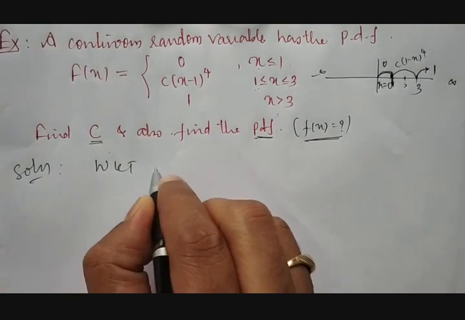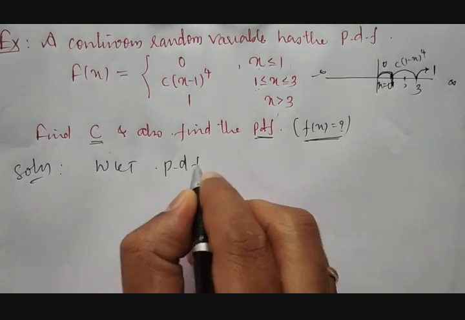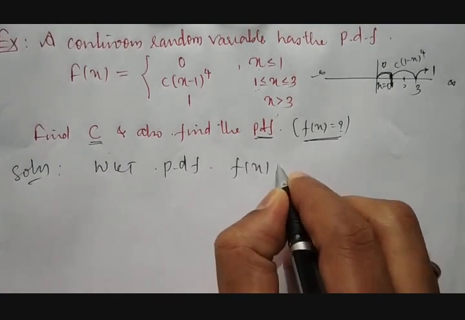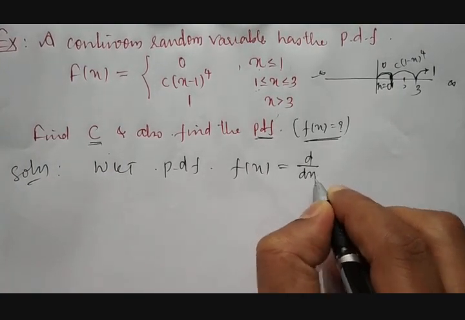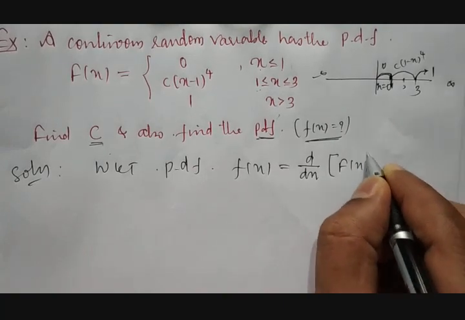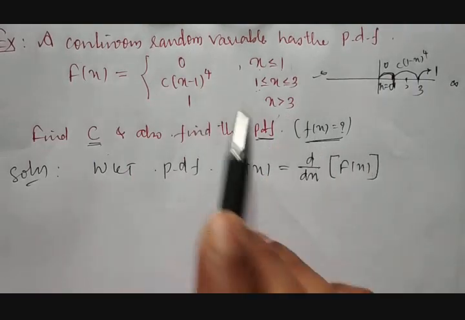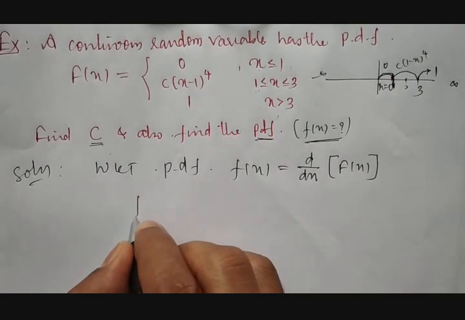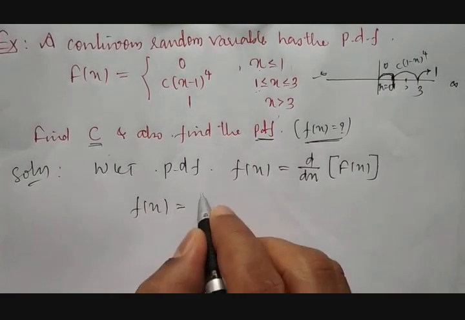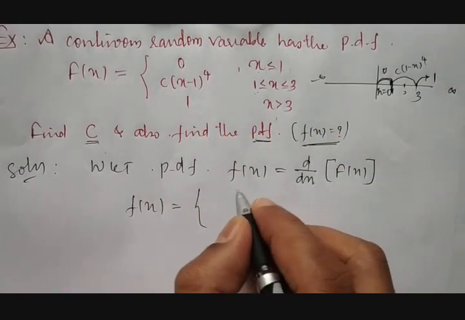We know that the probability density function f of x is nothing but d by dx of F of x. So differentiating F of x with respect to x, what do we get? Differentiation of 0 is 0 only.